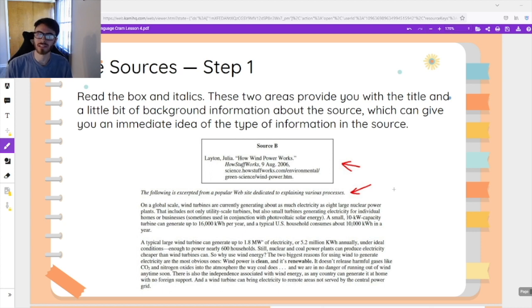This is going to be explaining how wind power works. We know that from the title, and also from the italics. It's a website dedicated to explaining various processes. So we know this information in this source is likely going to be informative, instructional, educational, right? It's going to be trying to explain how wind power works.